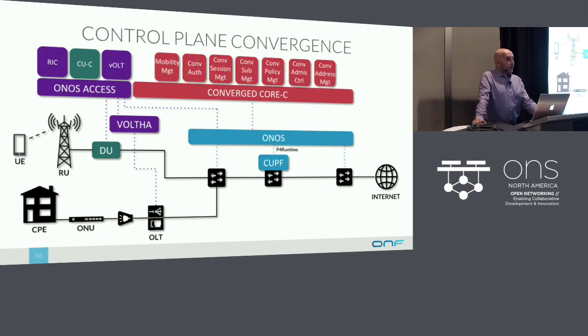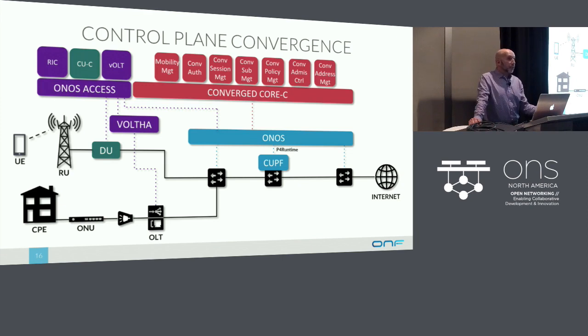The next step in convergence is to start converging the control plane. As I mentioned, both for the BNG and the core network, there are common features. Both deal with authentication, session management, subscriber management, policy management, admission control, address management. So these could definitely be converged.